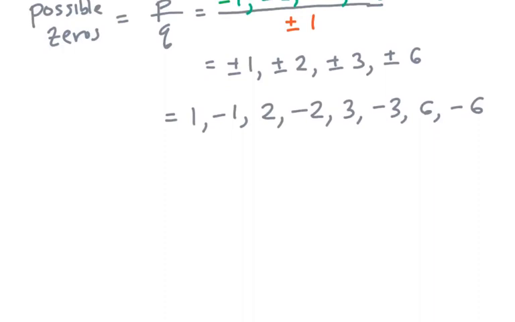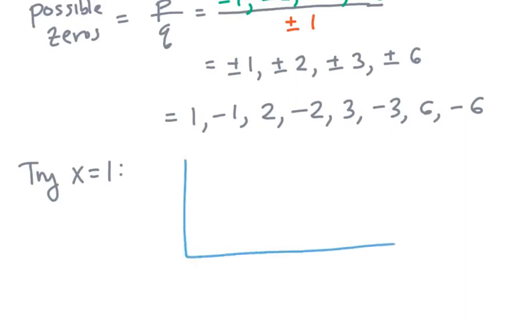So let's start by trying x equals 1. I'm going to use that as my first starting point. So set up the synthetic division. You guys have the function written down, so I'm not going to keep scrolling up and down. But the placeholders for the function were 1, 1, -5, 1, and -6.